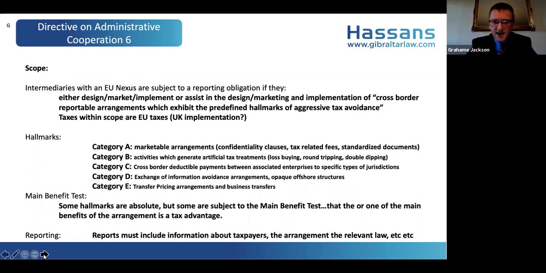And category D is more specifically around anything which undermines automatic exchange of information. So arrangements which disguise the beneficial ownership, which make it impossible to find out the beneficial ownership, or which play games around CRS reporting.